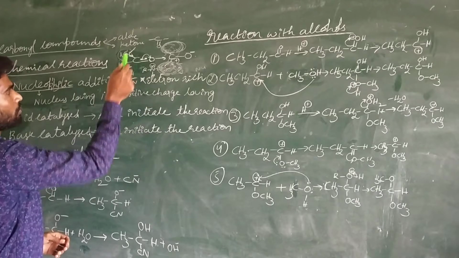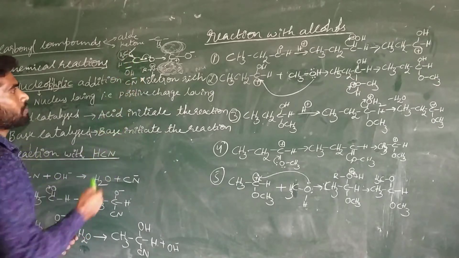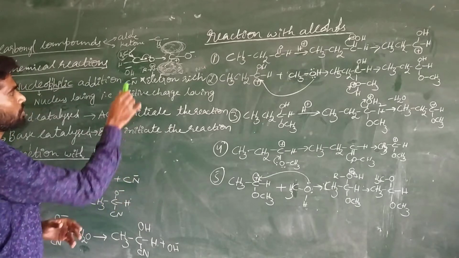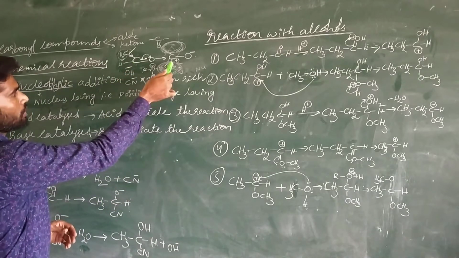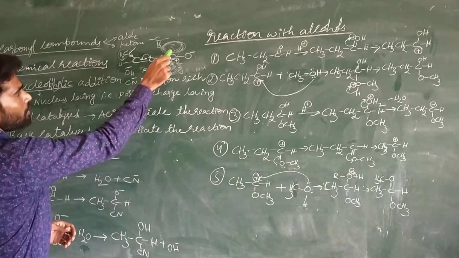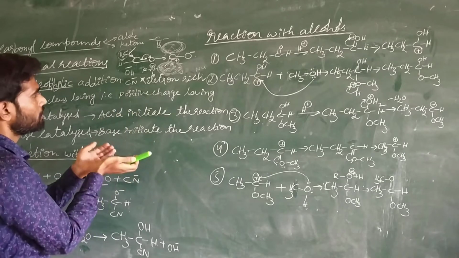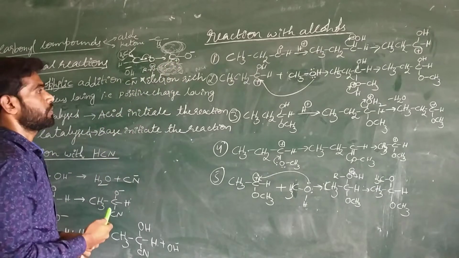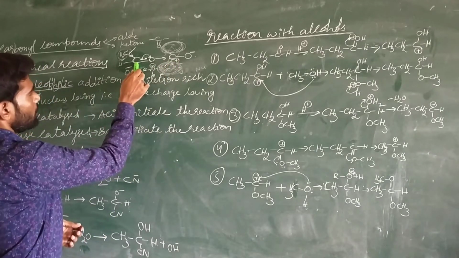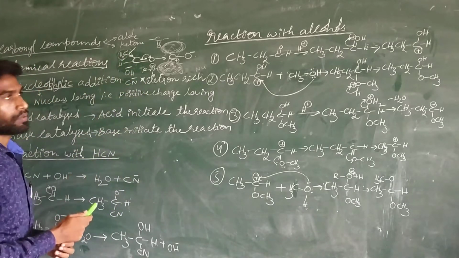Here only one methyl group is there, and at the same time the carbon is experiencing somewhat more positive charge compared to ketone. In ketone the carbon experiences less positive charge, because both methyl groups are donating electrons, pushing the electron density towards the positive carbon atom. In this case, the carbon atom is experiencing positive charge because we have only one electron donating group.